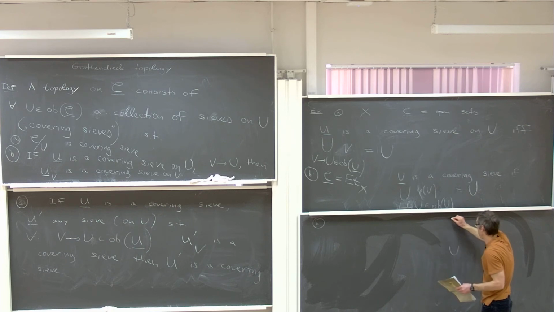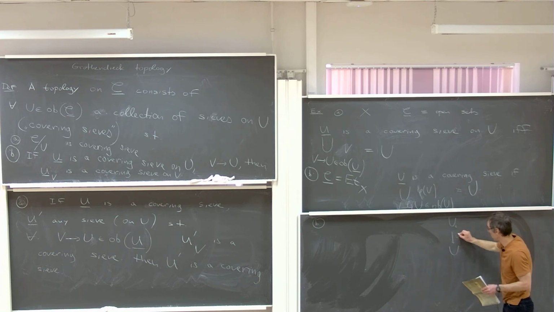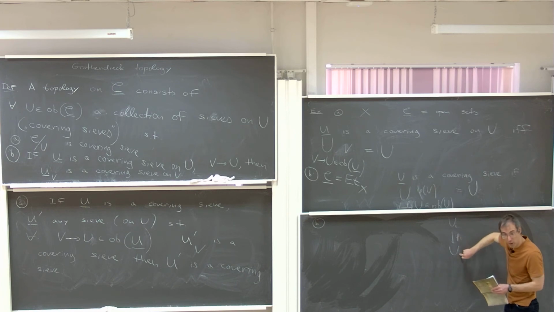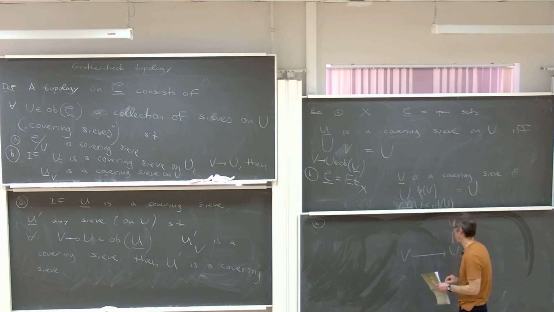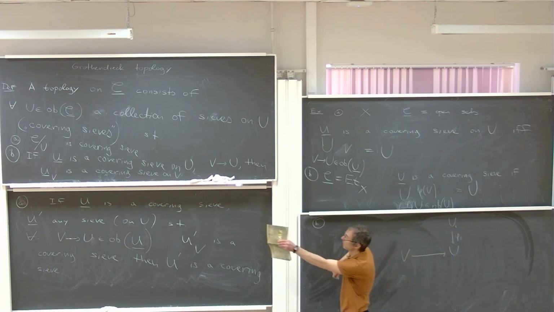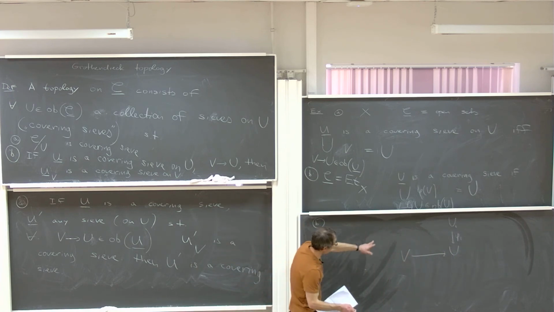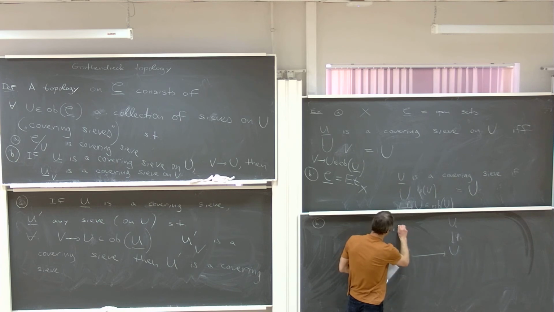I can think of this just as a collection of étale morphisms such that the images cover the entire U. Now I have V. Then the pullback, this restriction, is generated by the following collection: Ui times V over U.